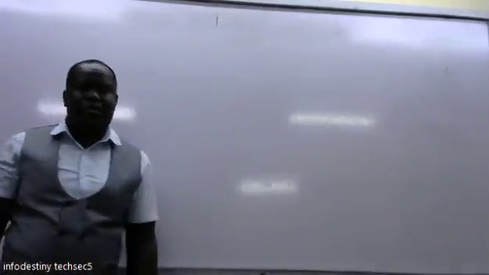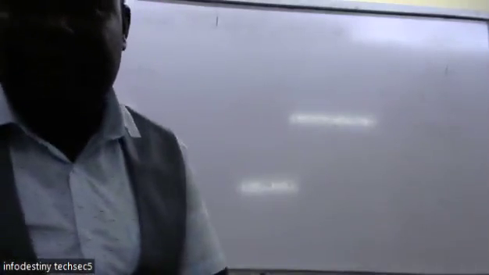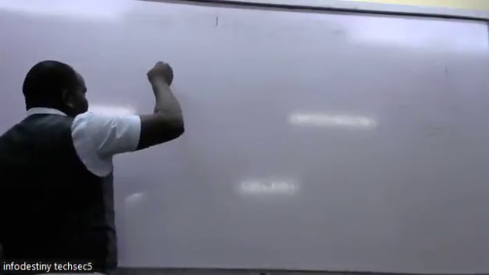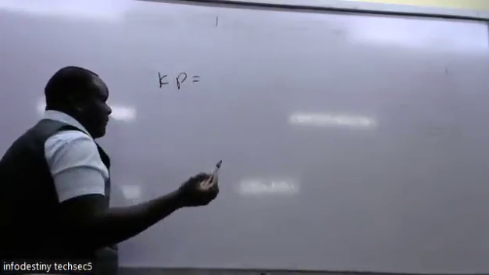So to compute the cost of the preference shares, I will simply show you the formula of calculating that. So now to get the cost of the preference share, it will be the same as KB. So KB is now the cost of the preference share.